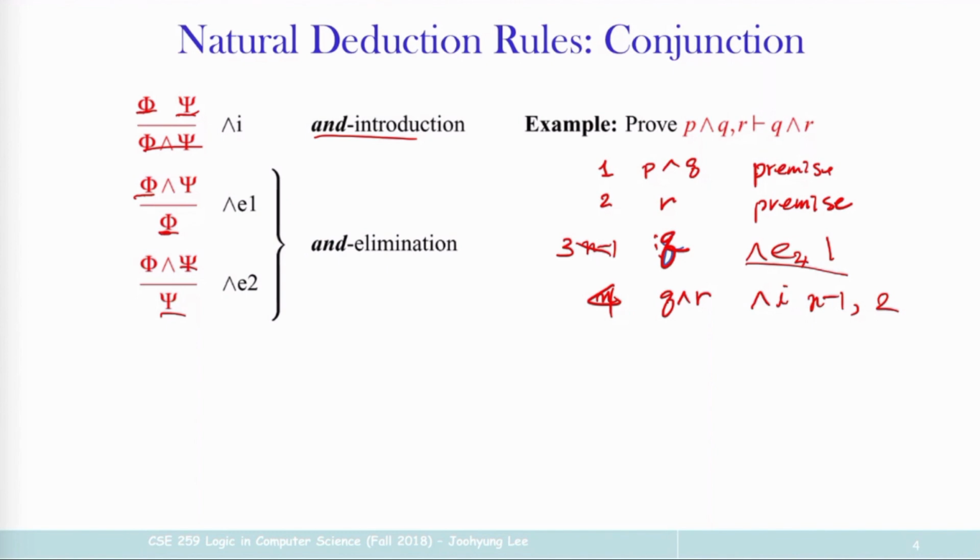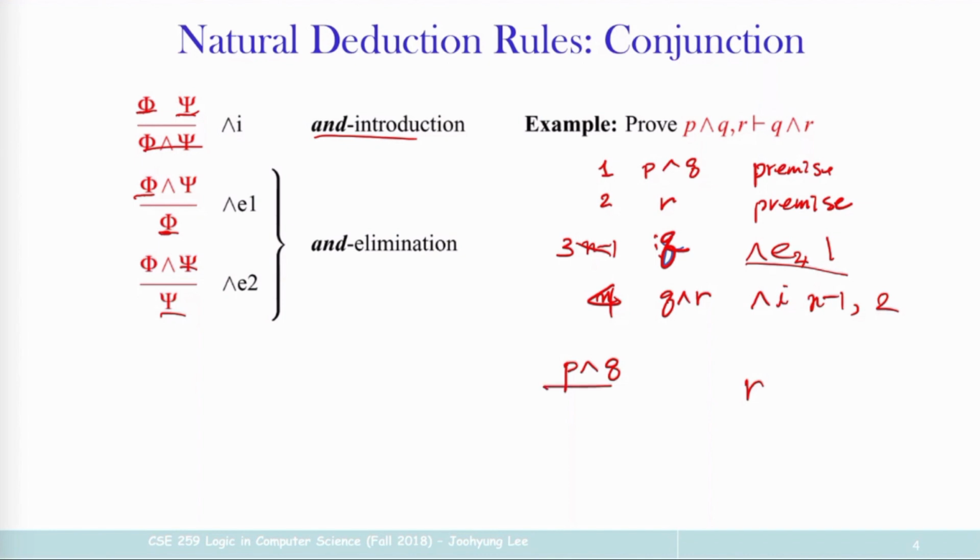Okay, good. The other alternative notation that you sometimes see in other textbooks is a tree notation. So we can say premise. A premise is something that you can write anywhere. Let me write P and Q, and also another premise R. These premises are above the line of the deduction rule.